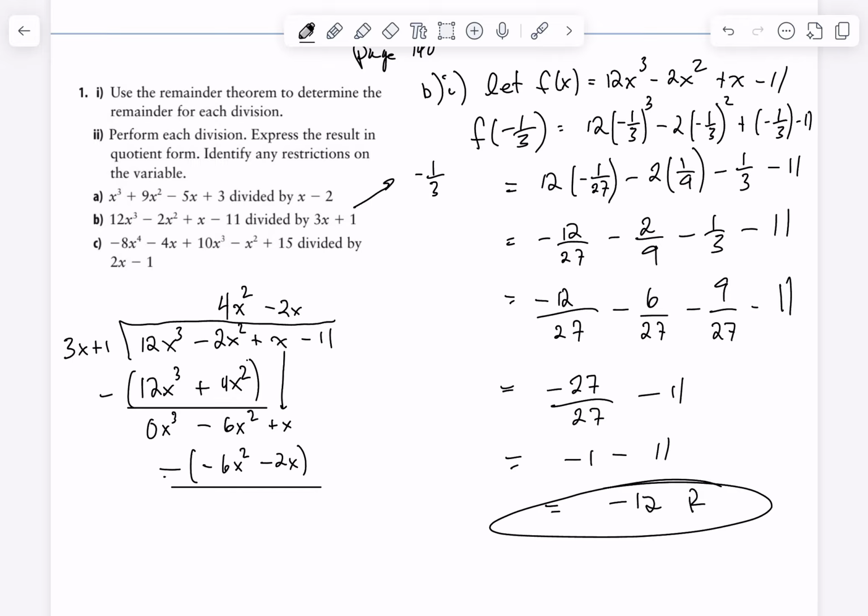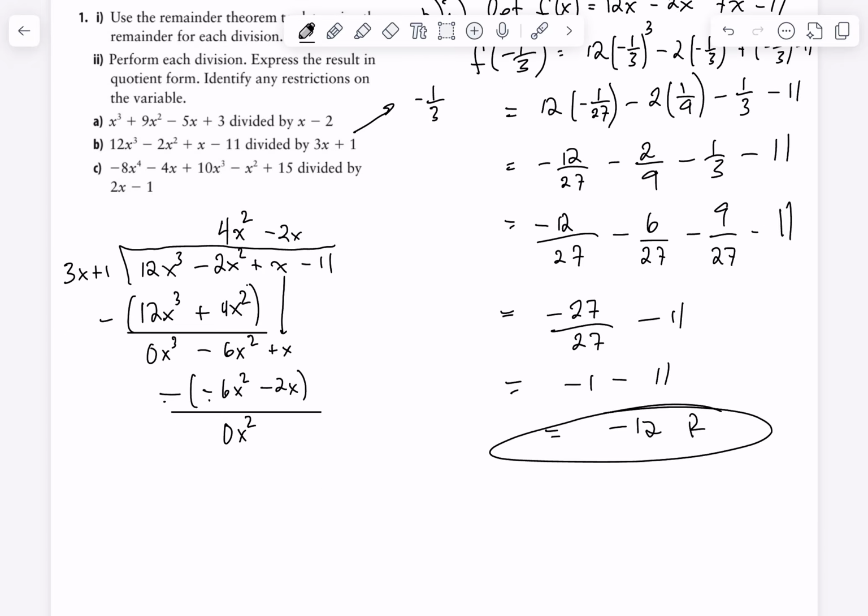Negative 6 take away negative 6 is going to be 0x squared. 1 take away negative 2 is going to be 3x. Bring the 11 down. Okay, and we've got one more to do. 3x into 3x is going to be plus 1. And then distribute again, okay?